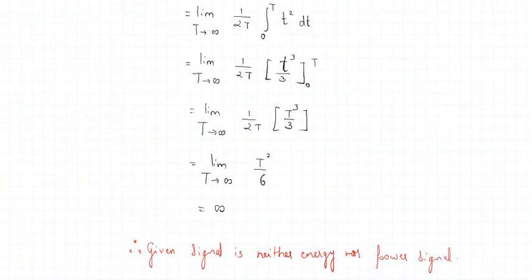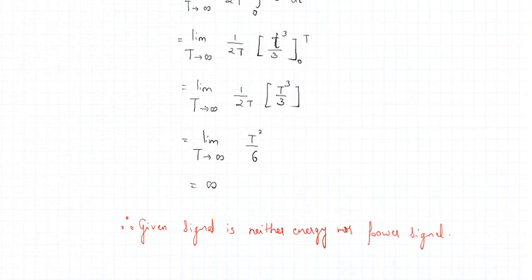We conclude here that the given signal is neither an energy nor a power signal. Why? Because both the energy as well as the power of the given signal are infinite, and hence the given signal is neither an energy nor a power signal.